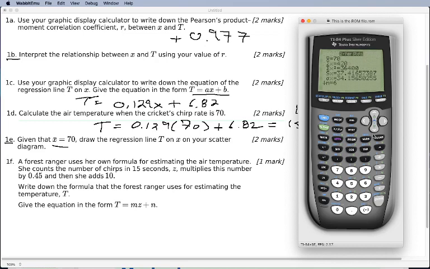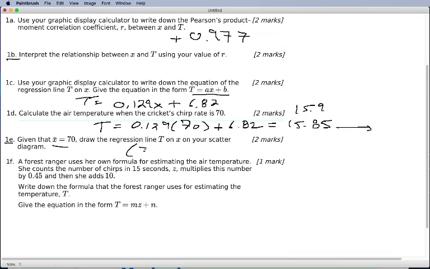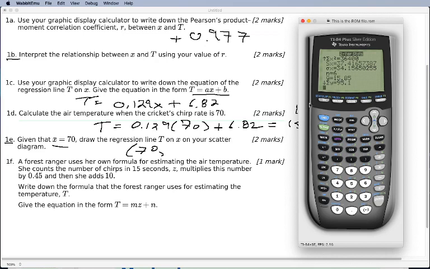So if you see this here, you can see that our X bar is 70, which is exactly what they've given us. And if we scroll down, we can find our mean value for Y. And so when we want to draw the regression line, we can draw it through the point. And you can mark this down for method marks here too. 70, comma, 15.85.